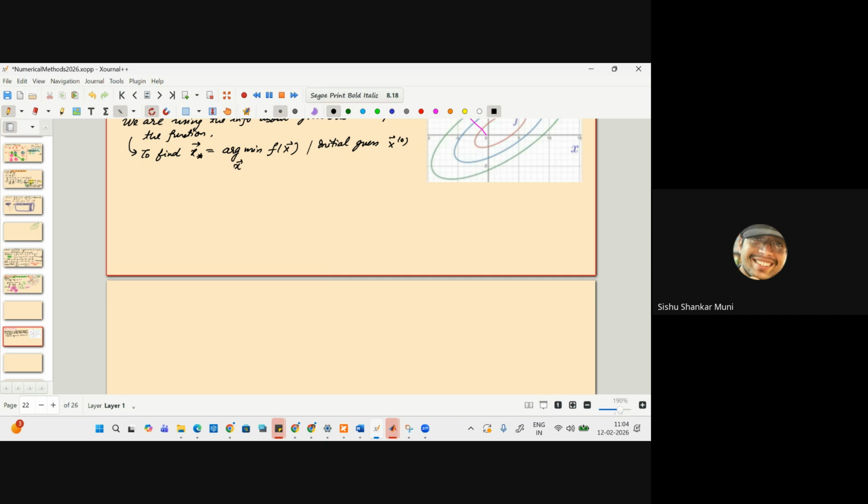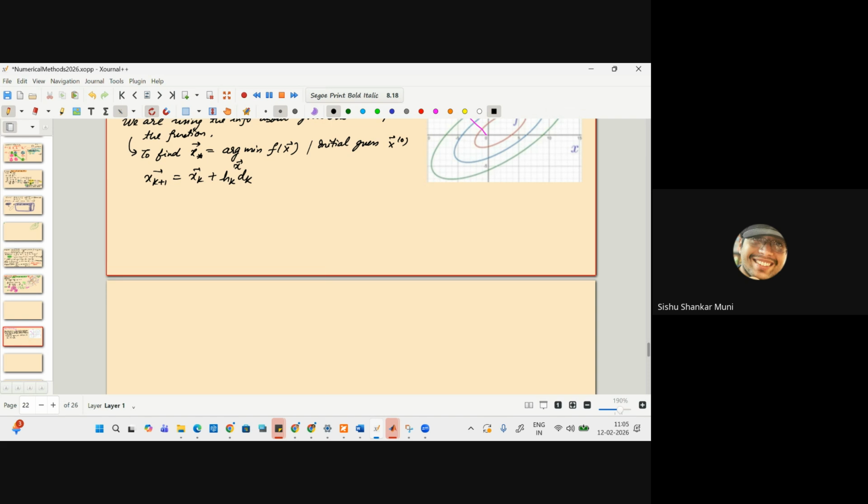Then you got that you have to go in the negative of the derivative, d is minus f prime. Therefore, x(k+1) vector is equal to xk plus hk dk, where hk is the step size and dk is the direction in which we will go. That is how an optimization method works.